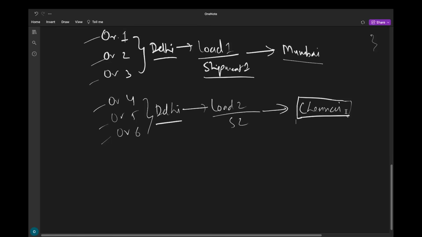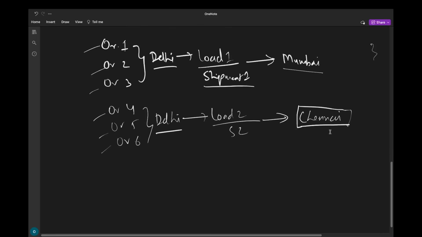This is very basic, but in actual, order consolidation is a very complex thing. We can think of how many orders Flipkart gets every day and for how many thousands and thousands of different locations, and you can imagine how difficult the order consolidation will be for Flipkart or Amazon.